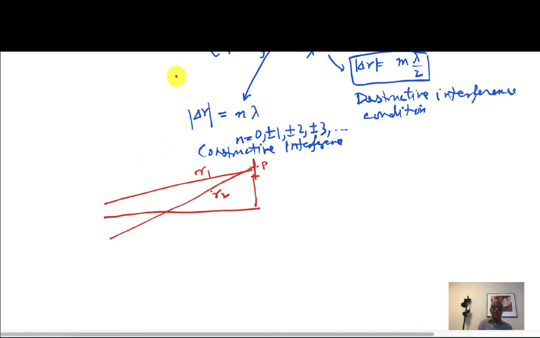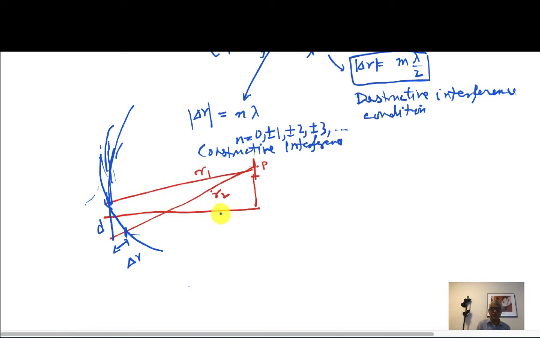So I take an arc, I take a circle of radius r. So we are looking for this distance, that's the delta r.